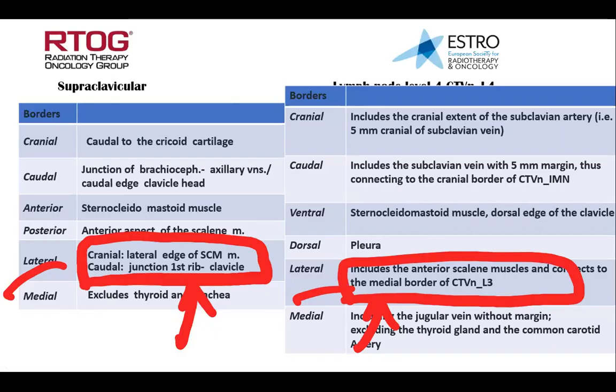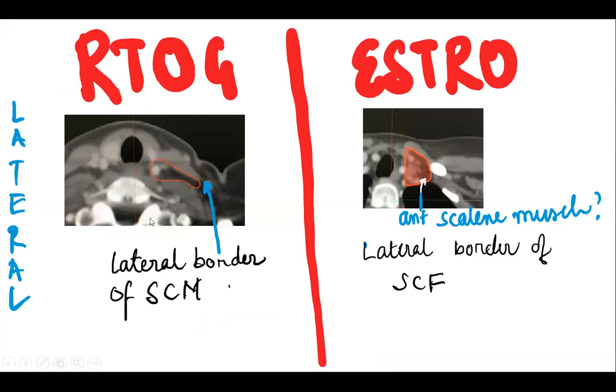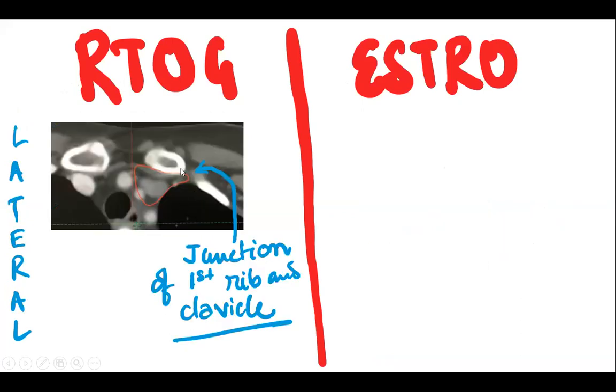Now coming to the lateral border in RTOG, cranially we will take it as the lateral edge of the sternocleidomastoid muscle, and caudally we will take it as the junction between the first rib and the clavicle. So here we can see this is the lateral edge of the sternocleidomastoid, this is the cranial part. Caudally, we will take it as the junction between the clavicle and the first rib.